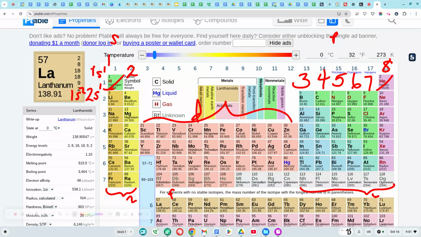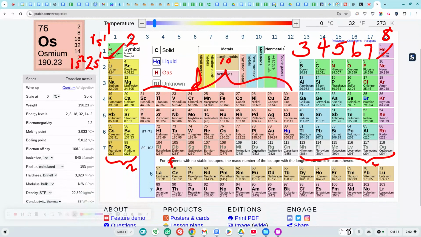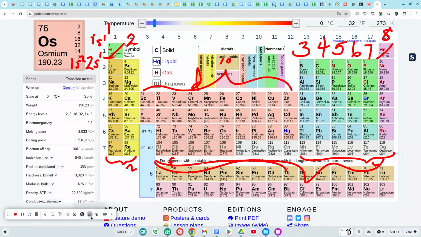The d orbital has 10, and the f has a total of 14. My pen just doesn't want to cooperate. So 14, because 1, 2, 3, 4, 5, 6, 7, 8, 9, 10, 11, 12, 13, 14.